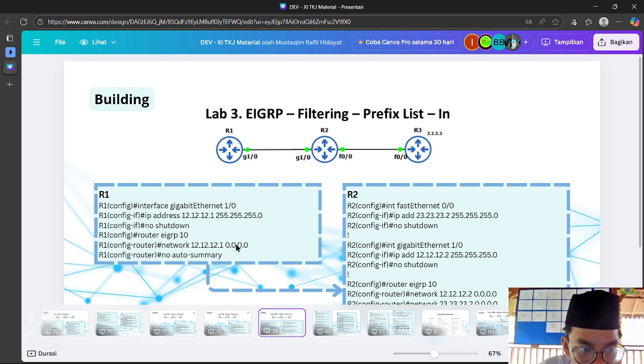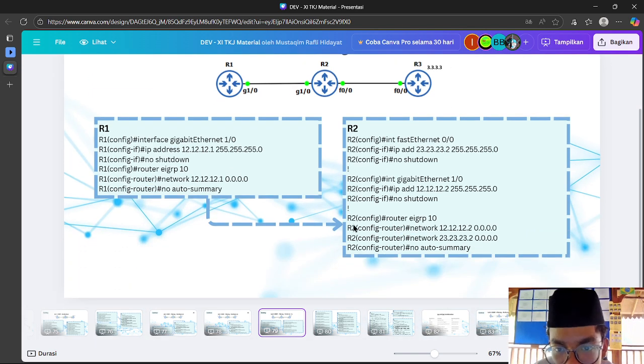EIGRP with network here, no auto-summary, the same as the configuration before, but you must see the network IP, so there is no problem when you configure.